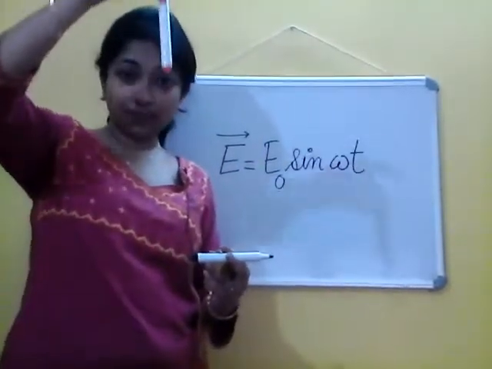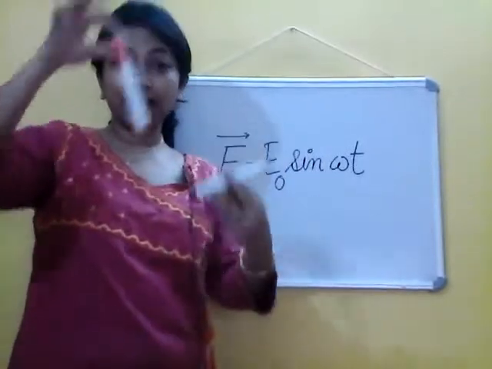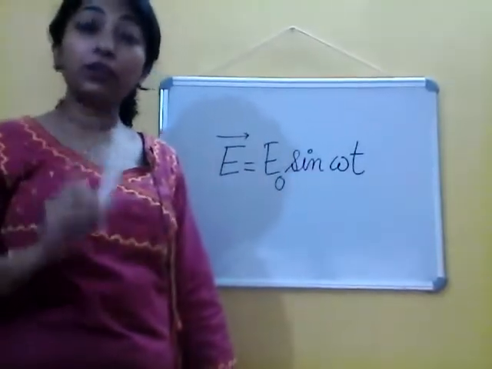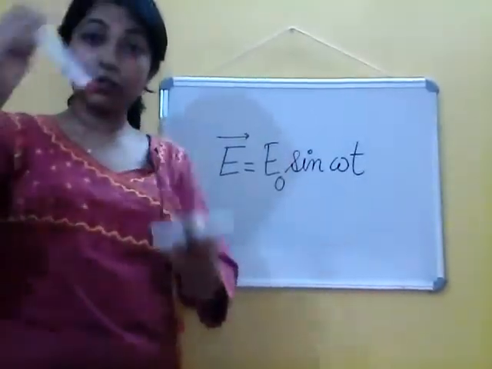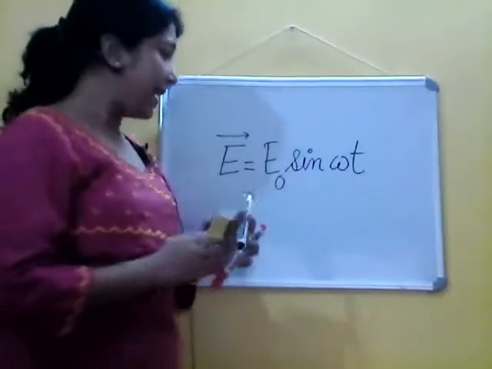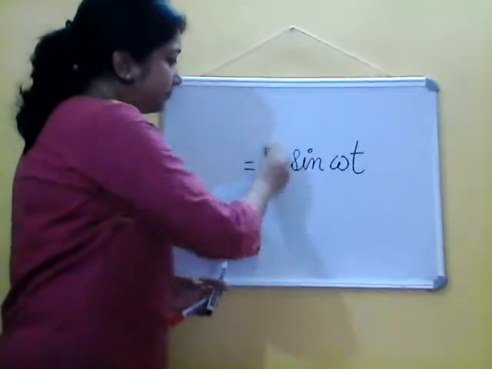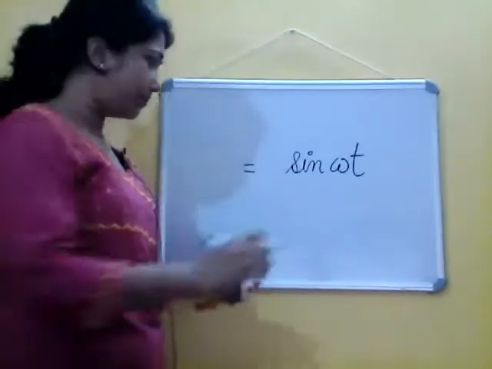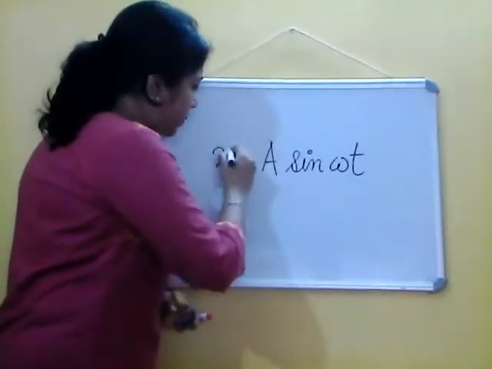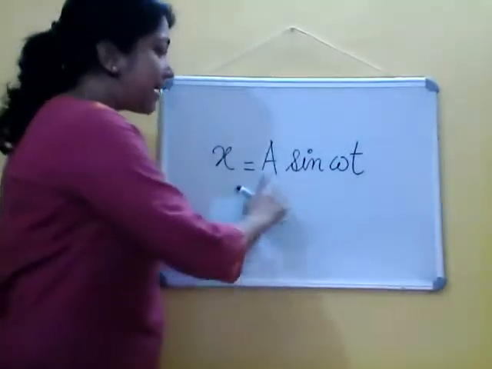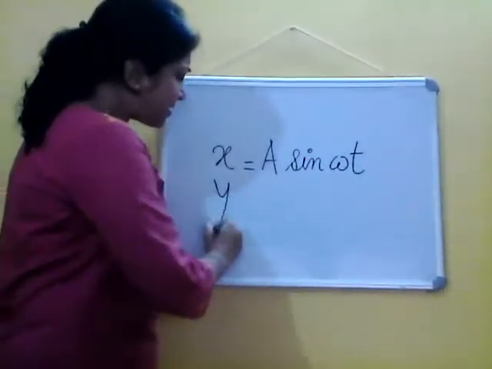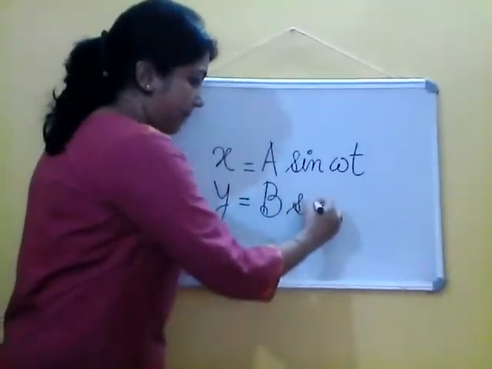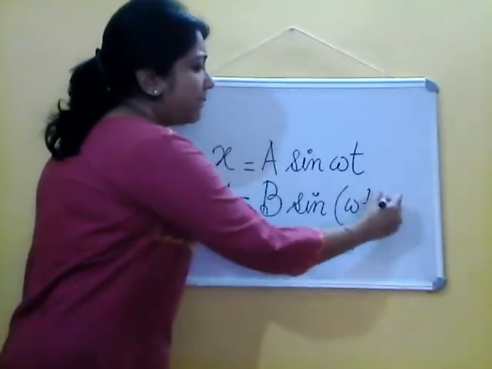I am asking you to consider two light waves traveling mutually perpendicular to each other and meeting at some point. In order to minimize the complication, let me write this as one wave moving along the x-axis, x equal to a sine omega t, and another wave, y equal to b sine of omega t plus phi.